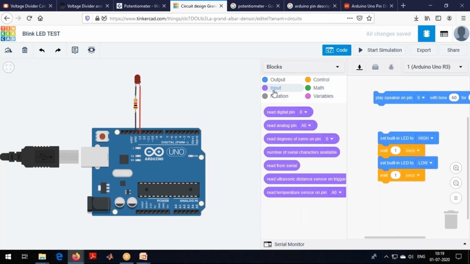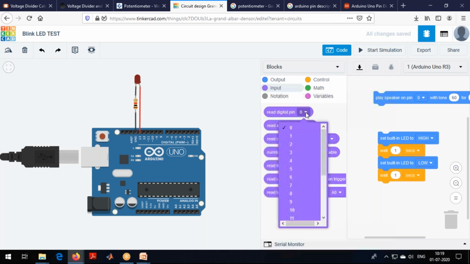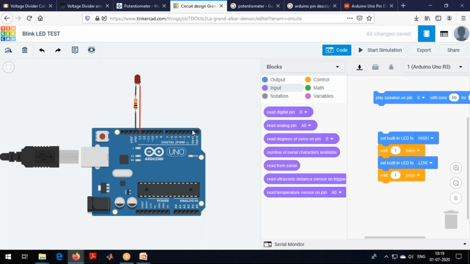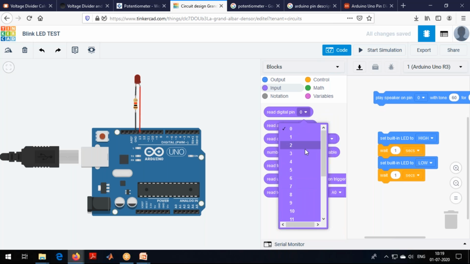Then I'll have some things like input. If I am giving input to this particular board, then you are going to have these instructions. For example, I am connecting any sensor to any one of these pins, then I can say read digital pin on 0, 1, 2, 3, any of these. For example, I am connecting a particular sensor to D2, then I need to select read digital pin 2.